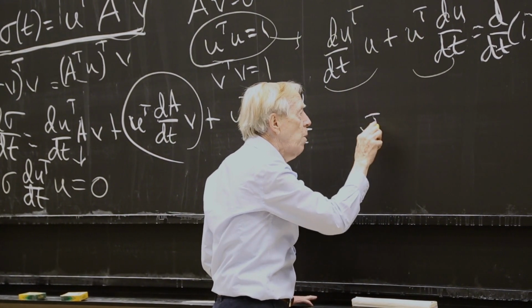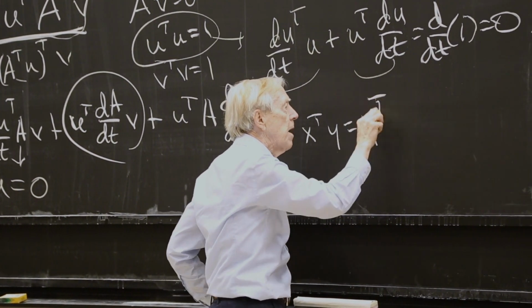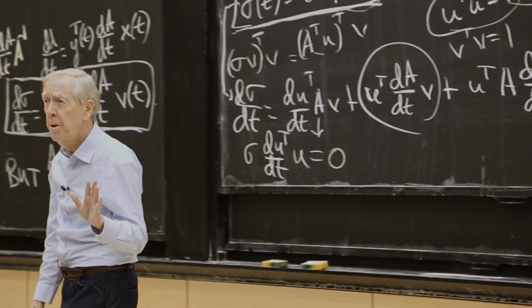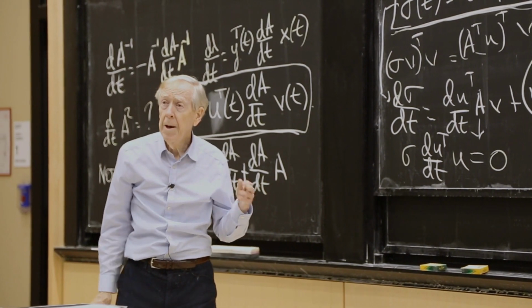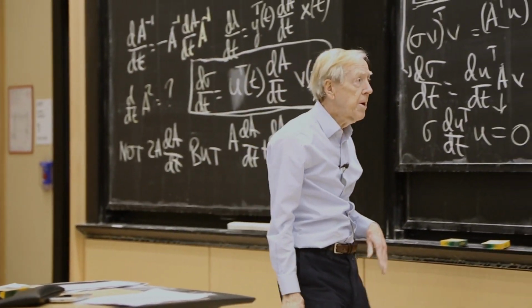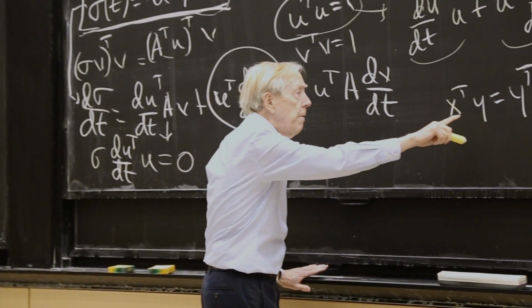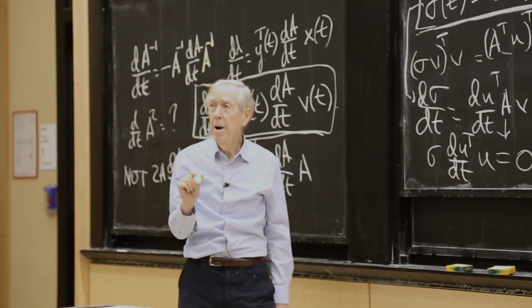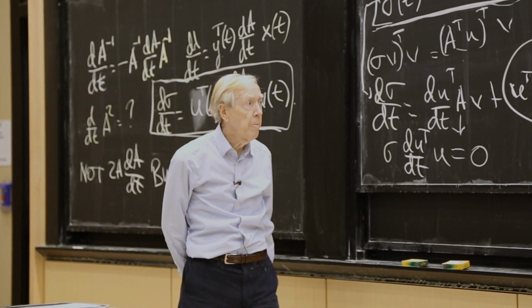Vectors, x transpose y is the same as y transpose x when I'm talking about real numbers. If I was doing complex things, which I could do, then I'd have to pay attention and take complex conjugates at the right moment. But no, let's not bother.